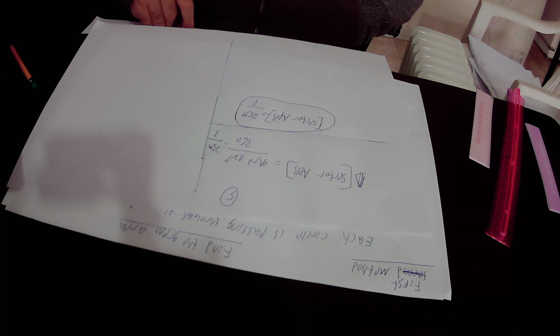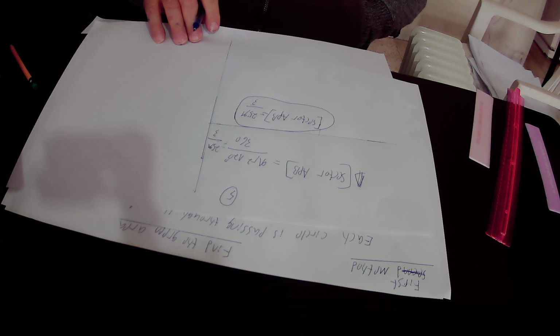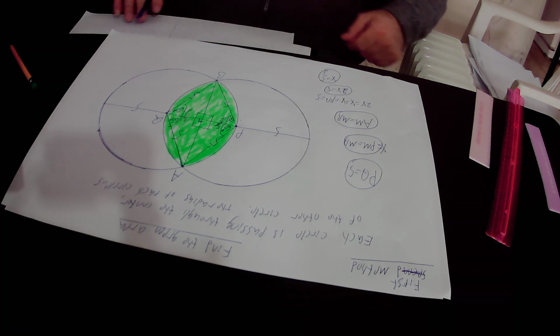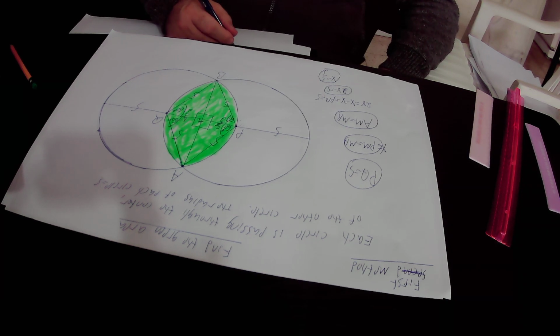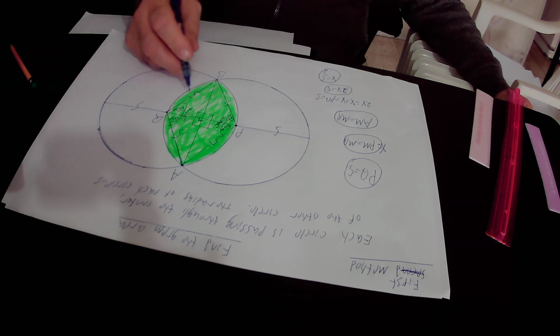And the area of triangle APB equals the area of triangle AQB.